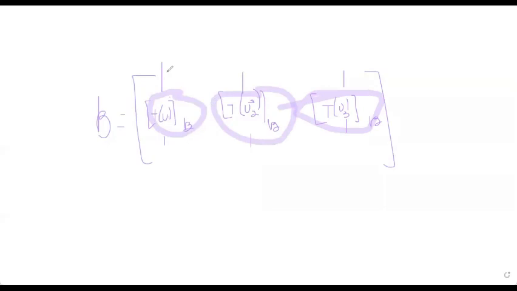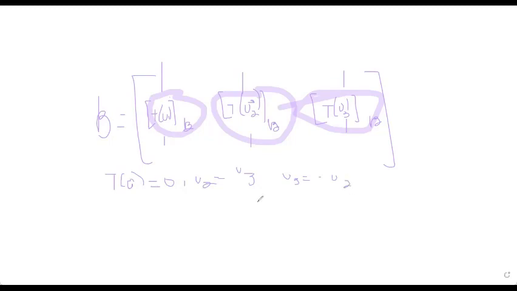So we already know that T of V1 equals 0, T of V2 equals V3, and T of V3 equals negative V2, right?